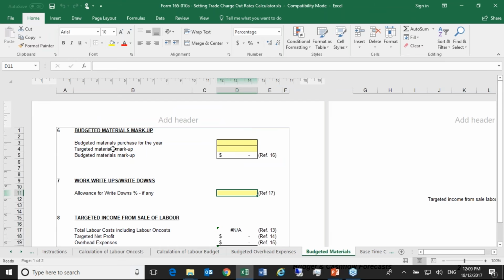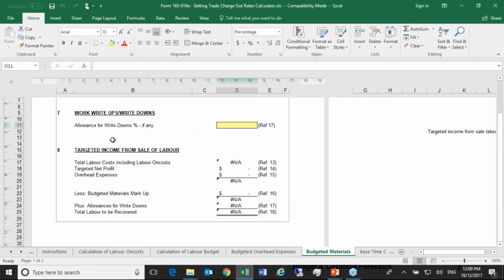So we've got provision for you to insert what the estimate of purchases to be made by the trades business to be supplied to customers would be in a year: $1 million, $2 million, $500,000. And then you can insert the targeted materials markup, which might be 10%, might be 8%, might be 15%, which would give a budgeted materials markup income figure for the business.